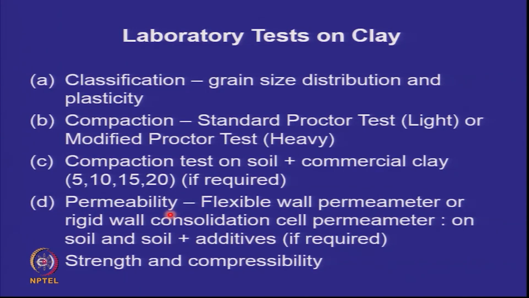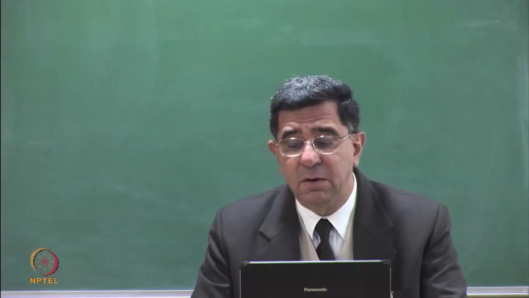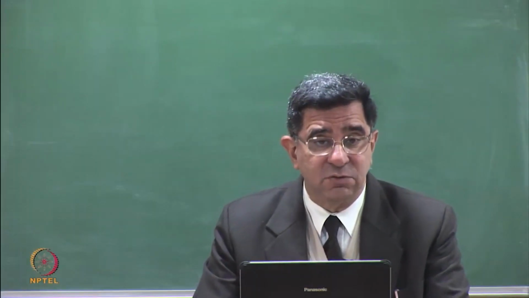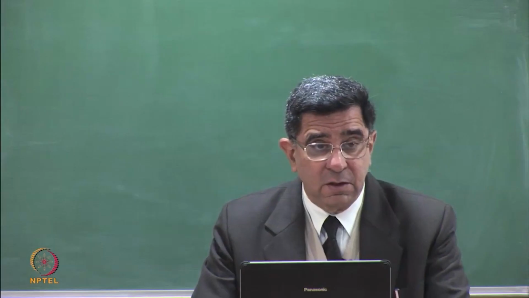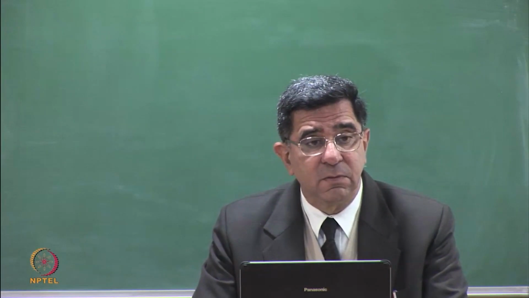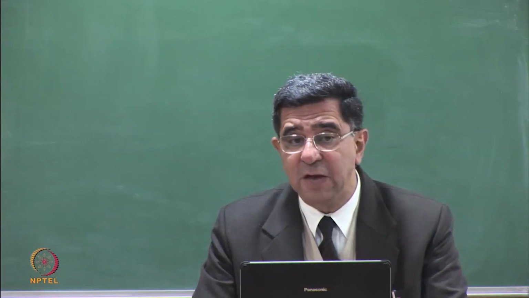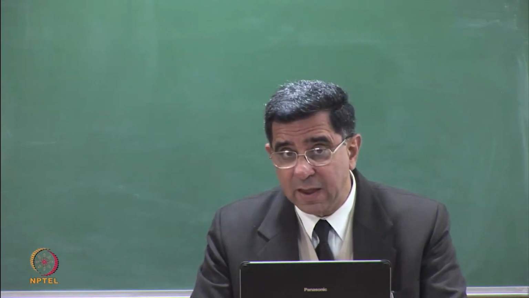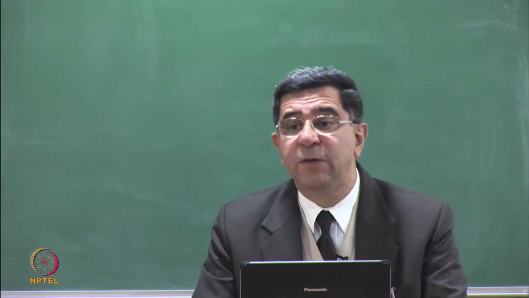And do understand that when we talk about permeability of less than 10 to the power of minus 7 centimeters per second, or 10 to the power of minus 9 meters per second, we are talking about the saturated permeability and not the permeability of the unsaturated soil. So critical to doing the permeability test properly is the fact that we must be able to saturate the sample, and we must be able to prove that it is saturated.